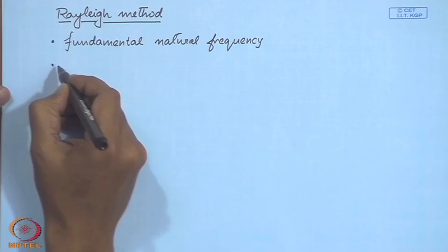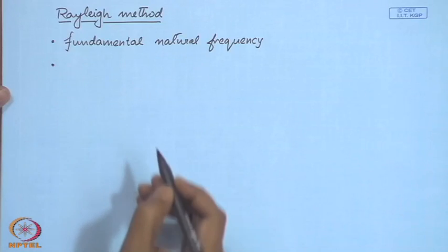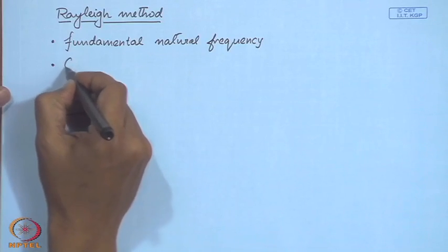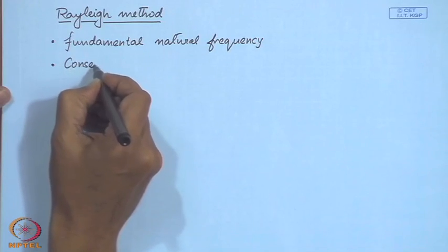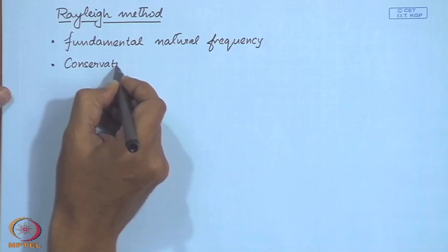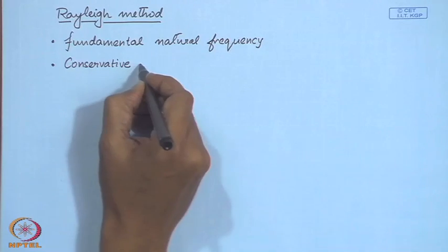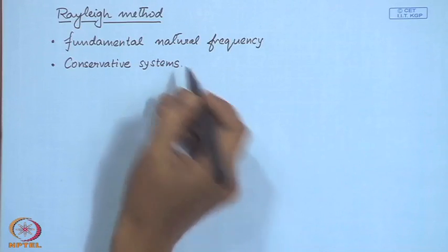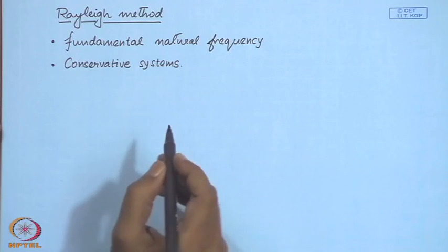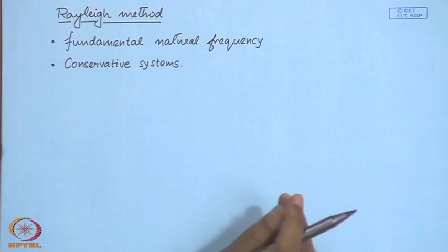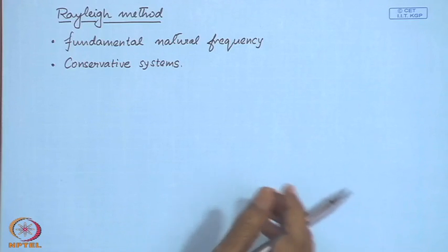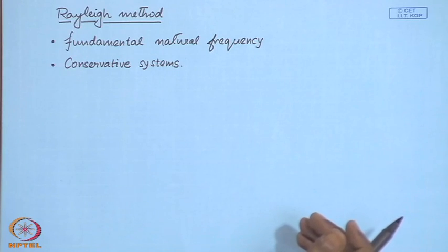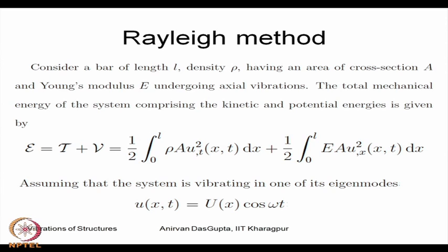And this method is used for conservative systems. So, we use Rayleigh method for conservative systems. So, how does this method work?